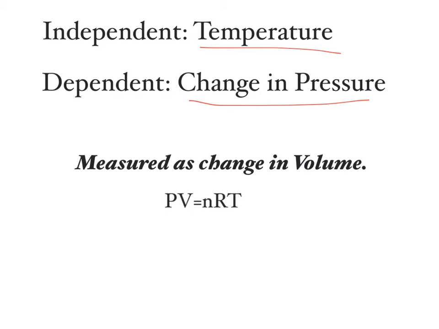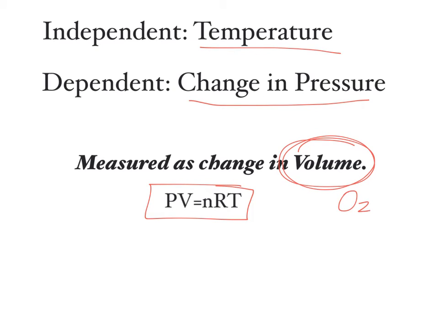And why would we look for a change in pressure as a measurement of oxygen? Because remember, the whole point of this is to measure how much oxygen is consumed. But remember, according to our gas law, if we change the volume of a gas, in this case the volume of our oxygen, so here's our volume, it will also change our pressure.